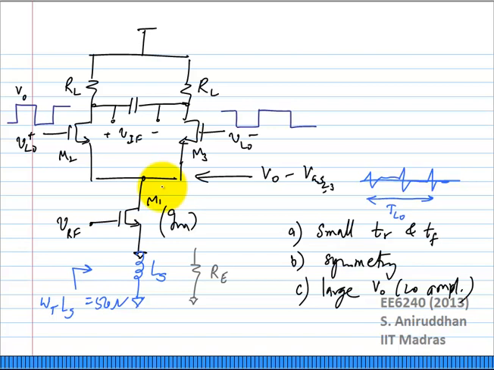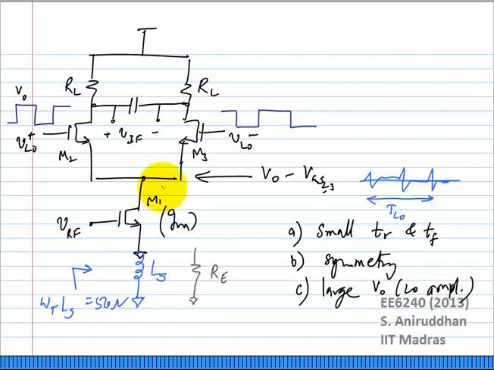So when you say large LO amplitude, what is it relative to? It should be sufficient to steer the current. Exactly. It should be large enough to steer the current very fast between M2 and M3. How do you decide what amplitude is large enough?